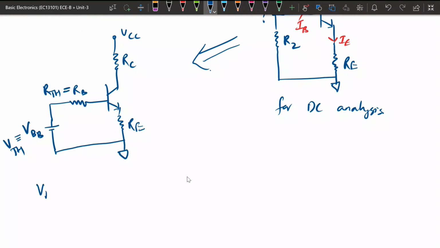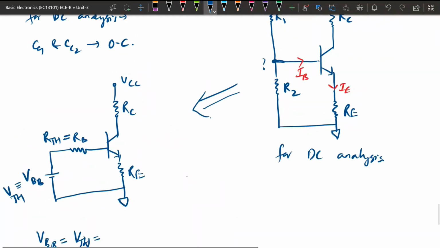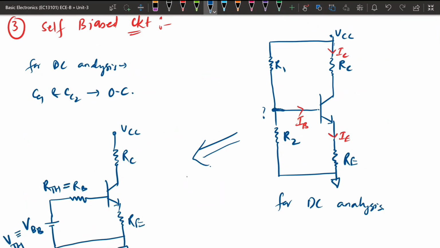So here, by using the Thevenin voltage equivalent, VTH or the VBB value will be given by the voltage divider technique. The voltage at this terminal, by using the voltage divider rule, we can get in terms of VCC.